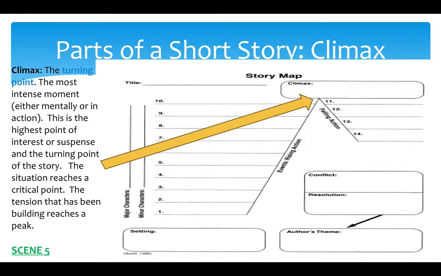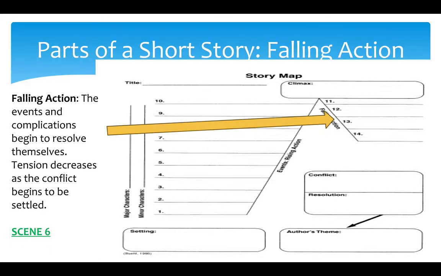So the situation reaches a critical point, and it's really very suspenseful for your reader. So that's your scene 5. And again, we're gonna get there because of all the tension that you have been building up in your rising action.